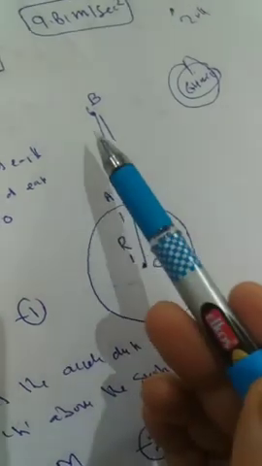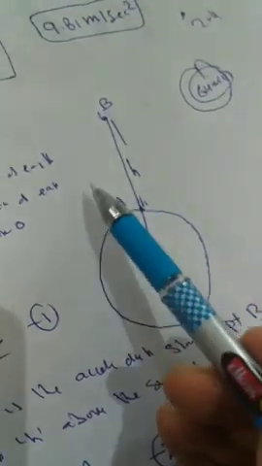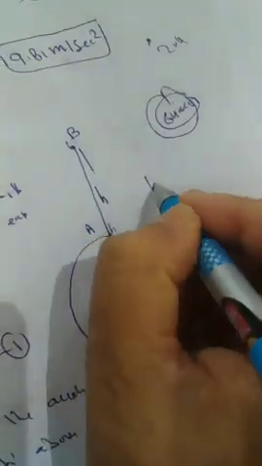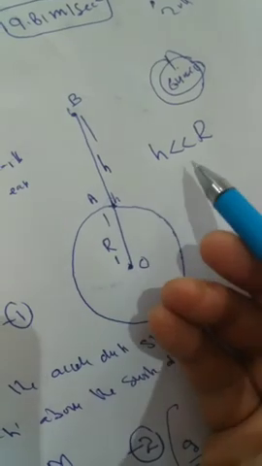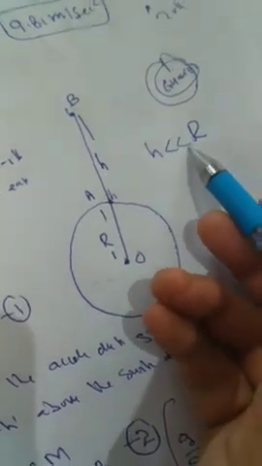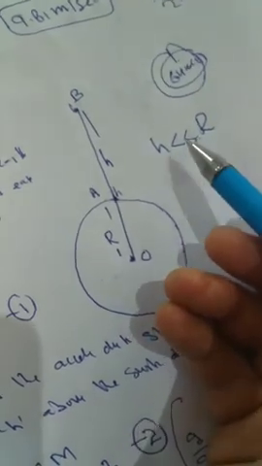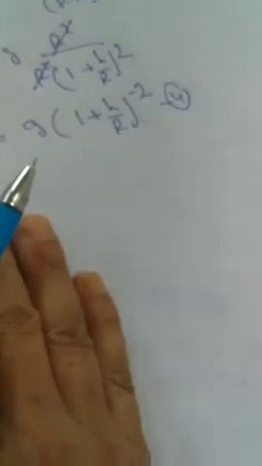We know that since h is the height above the surface, if its value is very much less than r, then when we divide it by the radius, it will become very small as compared to 1. We can expand it by using the binomial theorem.